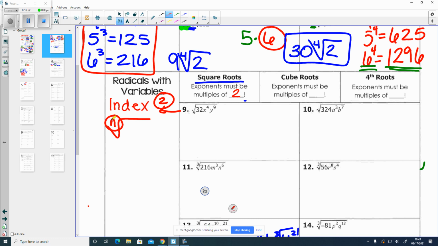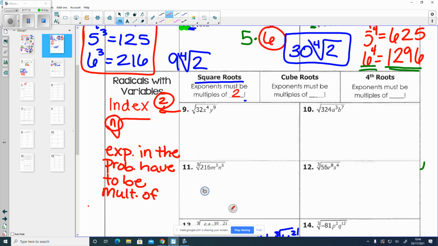Okay, so let me write that again. Exponents in the problem have to be multiples of the index. Okay?